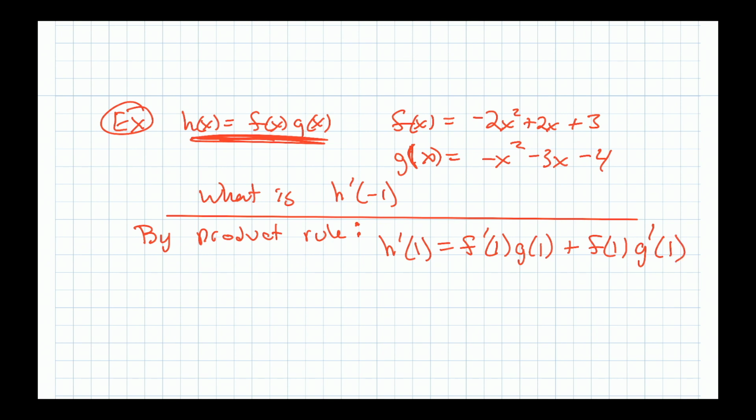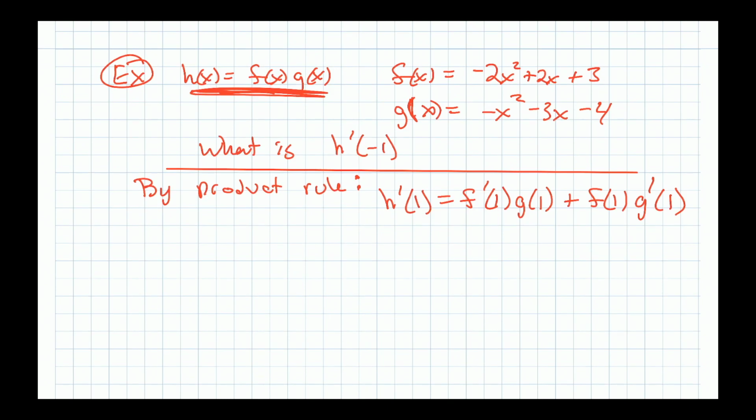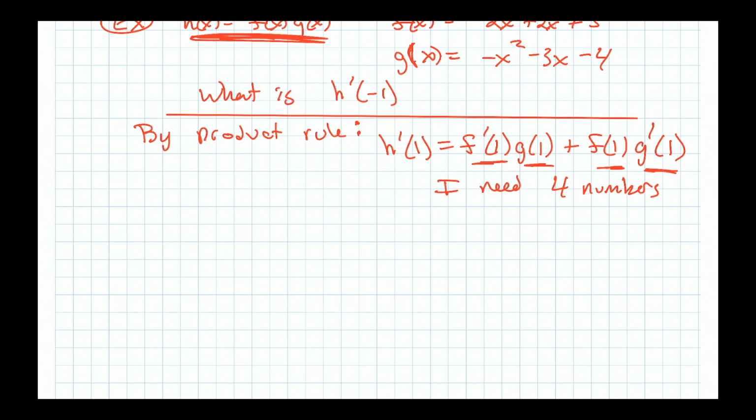That's just writing out the product rule with a 1 plugged in. But I still need all these, right? There's 4 numbers that I need. So I need those 4 numbers, okay?